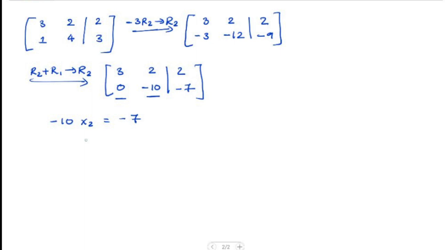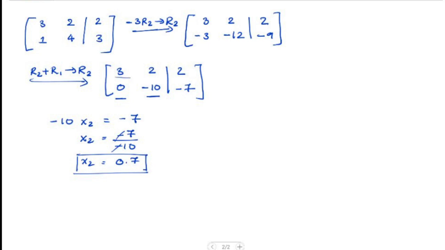So x2 is equal to -7 over -10. The minus will cancel, so for x2 the solution is 0.7.